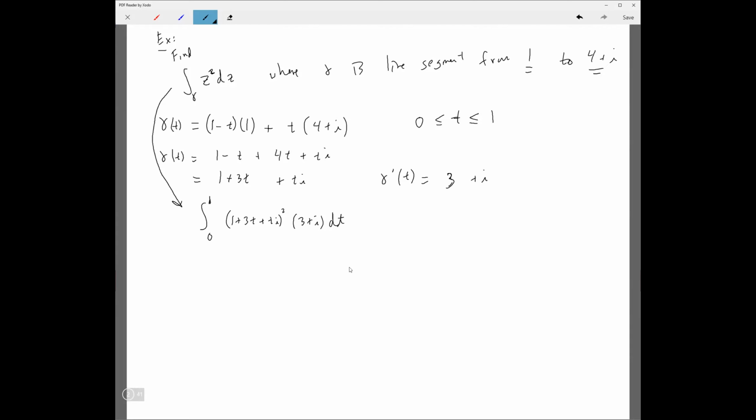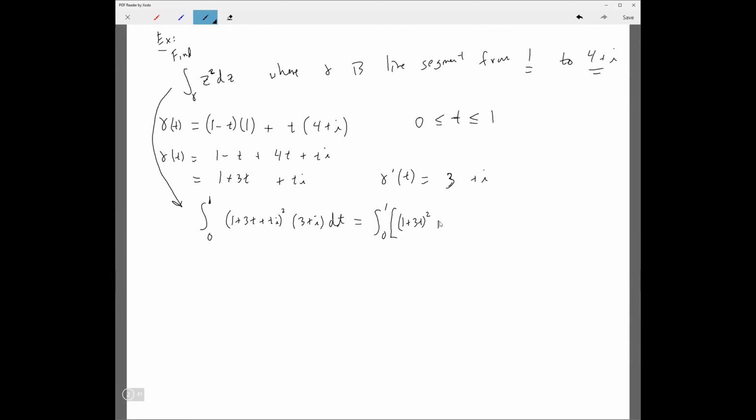Okay, this turns out to be kind of nasty though at this point. I'm kind of wishing I should have chosen something easier. Because this is 1 plus 3t squared. Oh man, this is nasty.